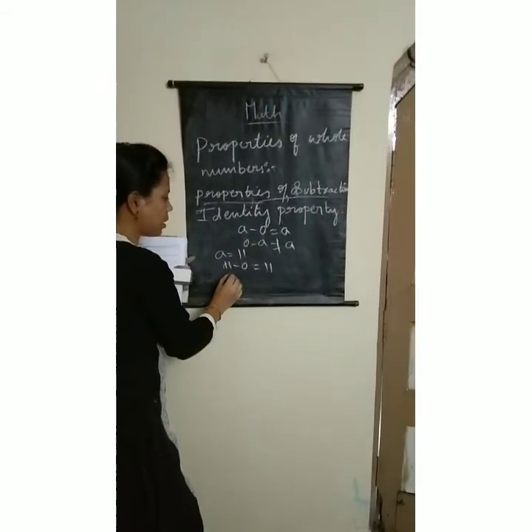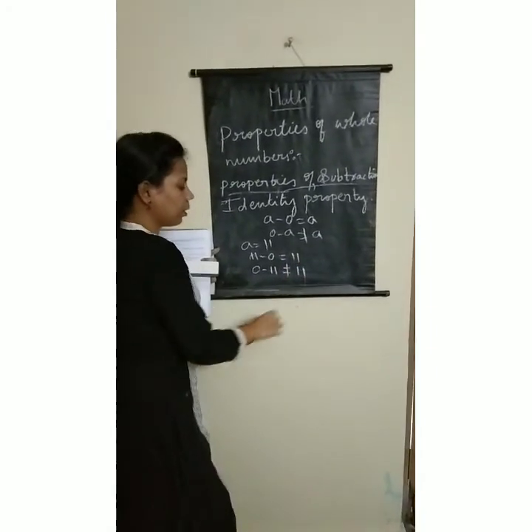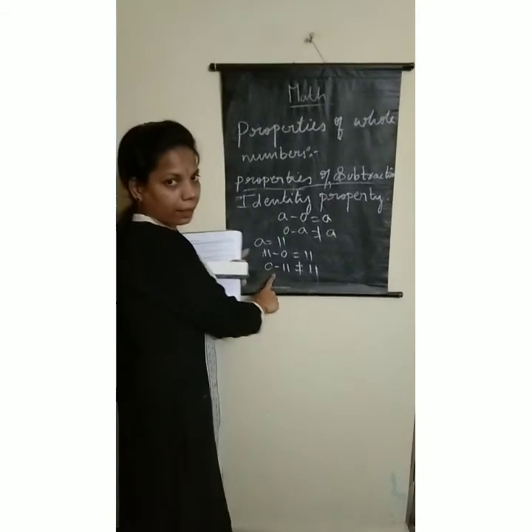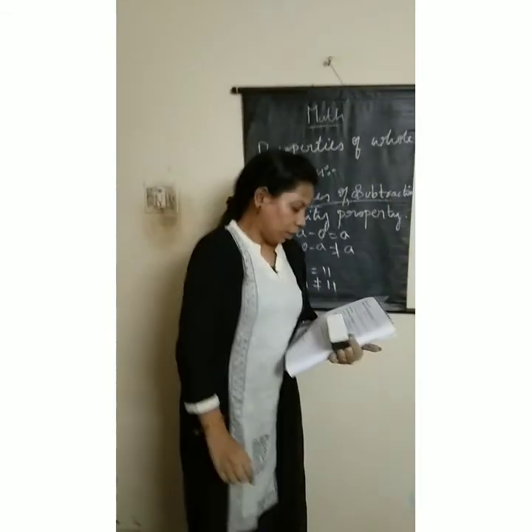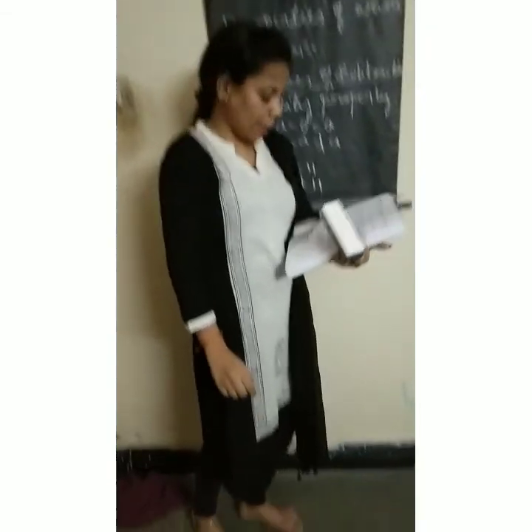But 0 minus A, that means 0 minus 11, is not equal to 11, right? We will get minus 11. So identity property also does not hold good under subtraction.